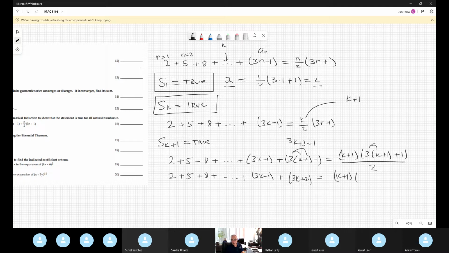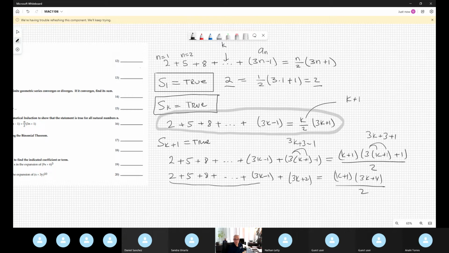And this again, distributive property, is 3k plus 3 plus 1 is 4. It's 3k plus 4. Okay. We almost finished. Now, remember the strong supposition. It was this. So if this is true, it's because that part is equivalent to k over 2 times 3k plus 1, plus 3k plus 2. Okay.